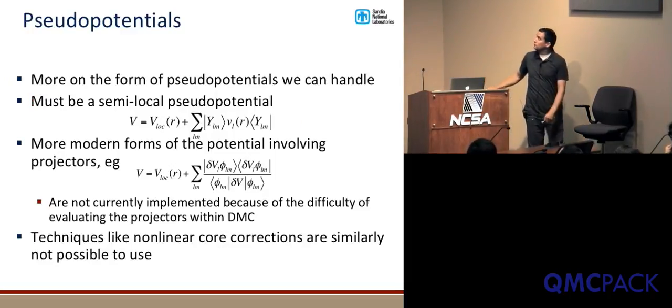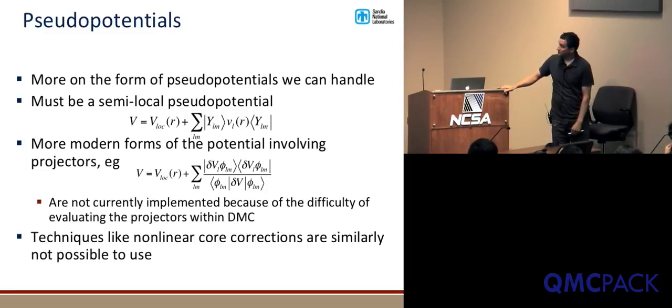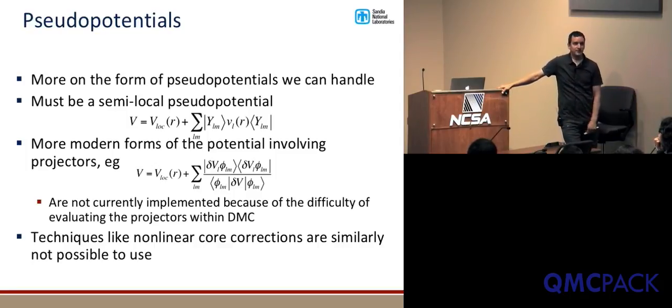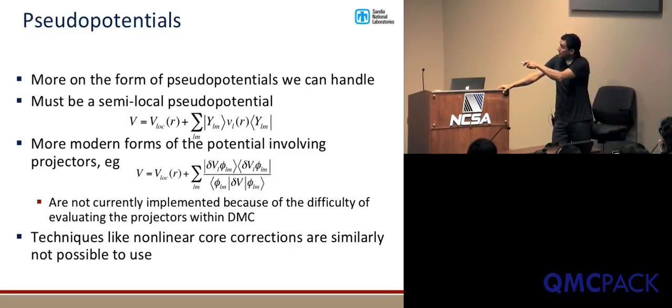So a little bit more on the form of the pseudopotentials that we can handle. In QMCPACK, what we're evaluating is actually a semi-local pseudopotential. So around each ion, you're going to project onto the given angular momentum channel, and then apply this locality form.